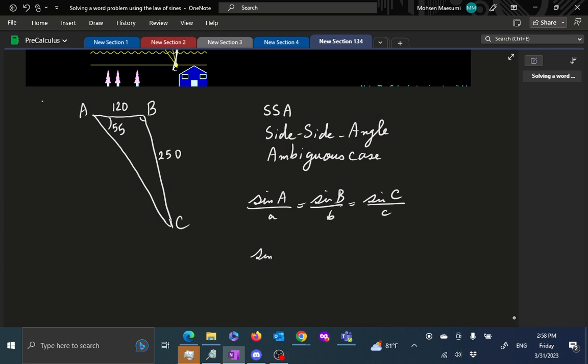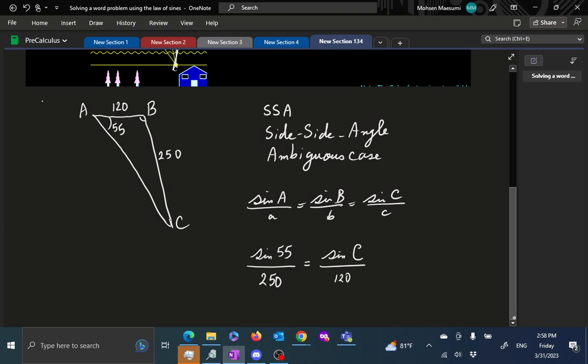This is sine of 55 degrees, and by A we mean the side opposite of A, so that would be 250. And that is going to be equal to, well, let's say sine of C. So let's go ahead and find that because I have access to what C is. That's 120.